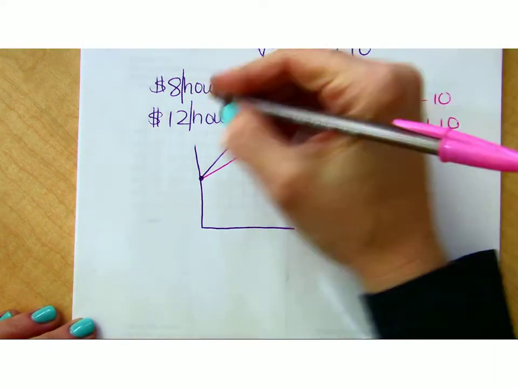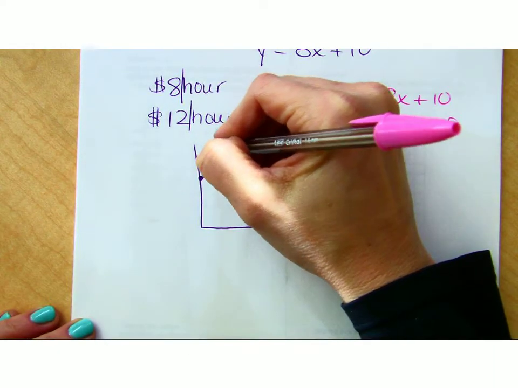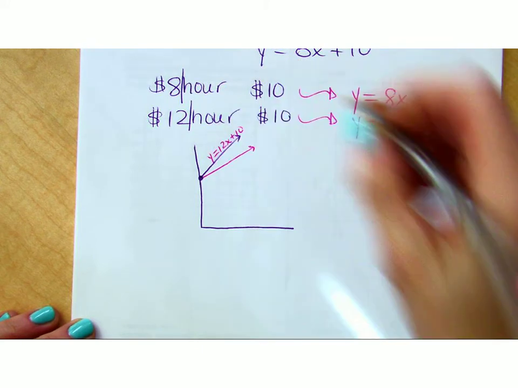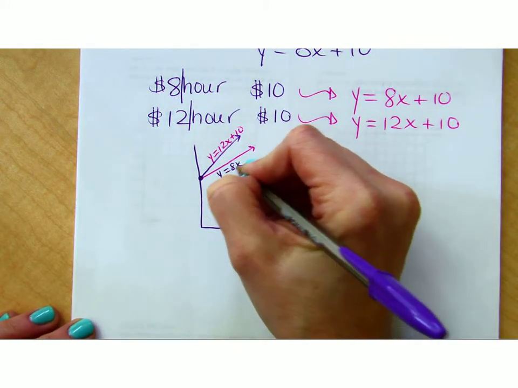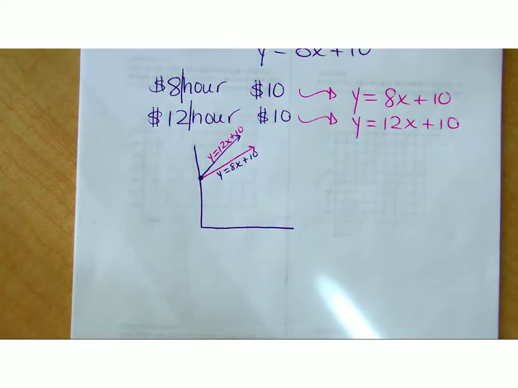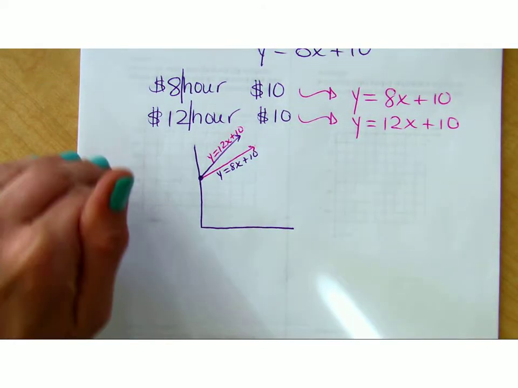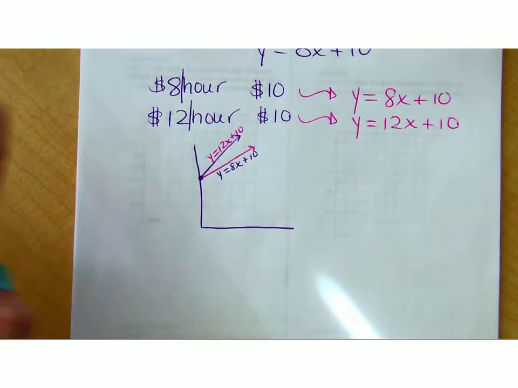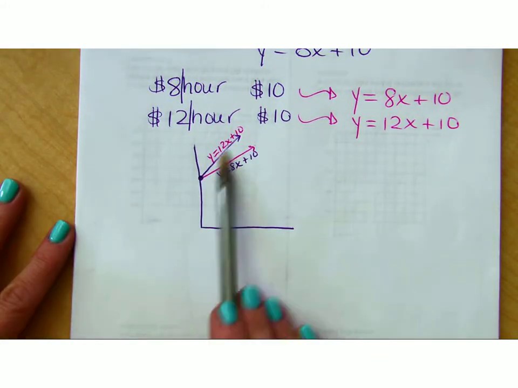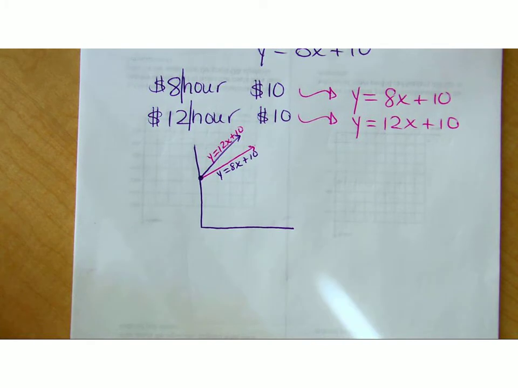So this is the y equals 12x plus 10 line. And this is the y equals 8x plus 10 line. Agreed? That should be nothing new to you. Okay, so I'm trying to get you to kind of see if this graph makes sense. All right? So now let's take a look at an example in the book.